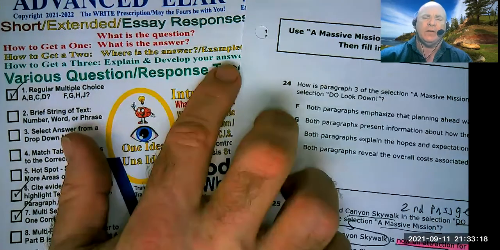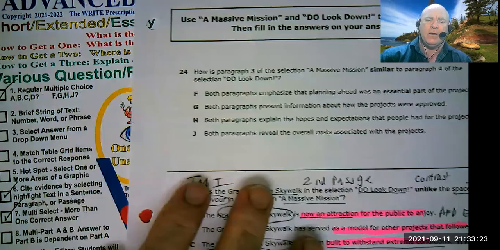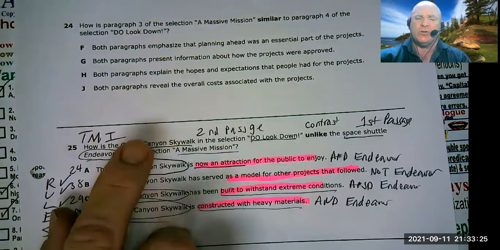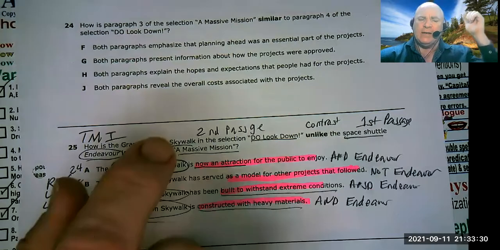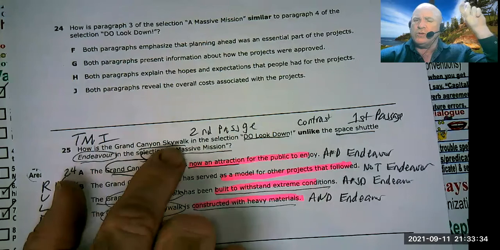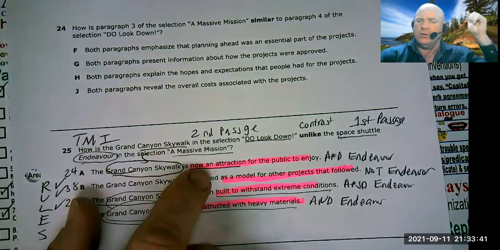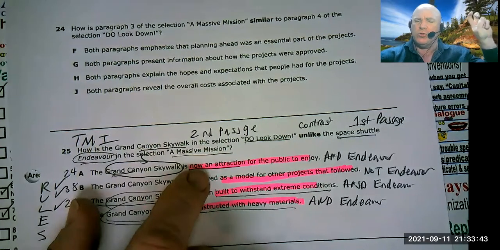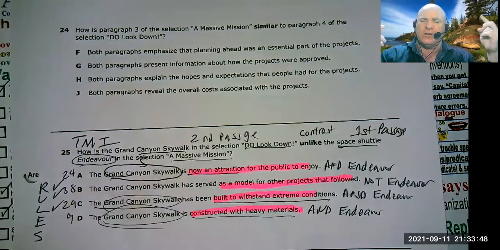Okay. But here's what went wrong. The question was a compare, transition, contrast. How is the Grand Canyon Skywalk in the selection, quotation marks, "Do look down!" closing quotations, unlike, contrasting with, different from the space shuttle?